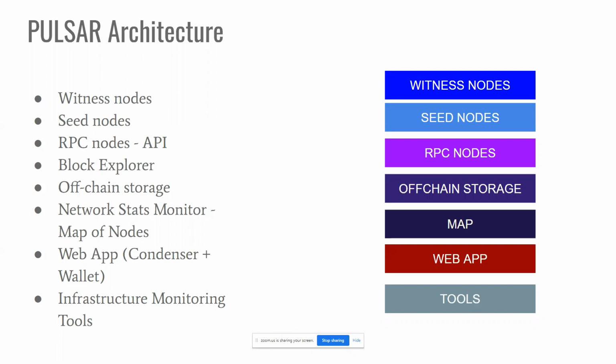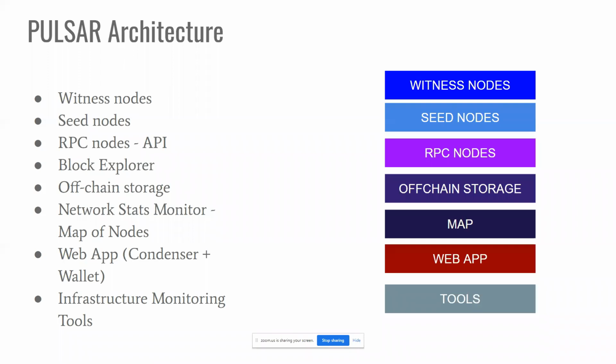We might also have an off-chain storage, depending on how we decide to implement it, but right now we have this possibility to add it. We can also have a network status monitor, or a generic European or Luxembourgish map of nodes, just to monitor and visualize all the nodes that are online in the network.